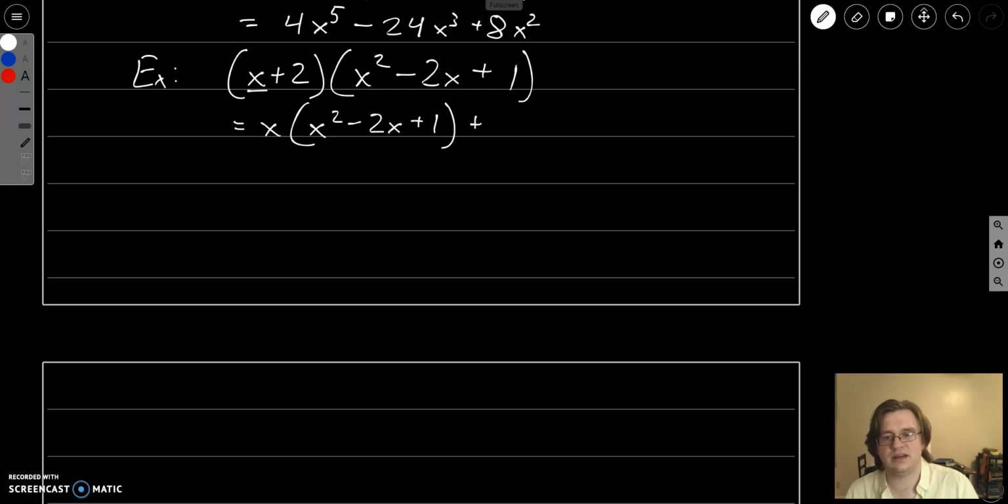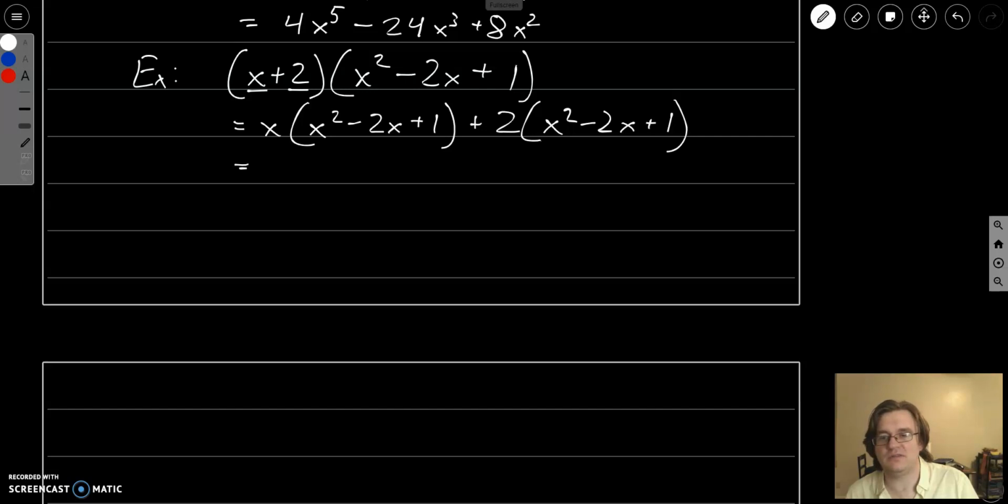Next, I will multiply everything by 2. It doesn't matter which way you distribute. If you want to distribute the x and the 2 like I have, or you could go backwards and distribute the x squared, the negative 2x, and the 1 instead. I've chosen this way because I felt like it.